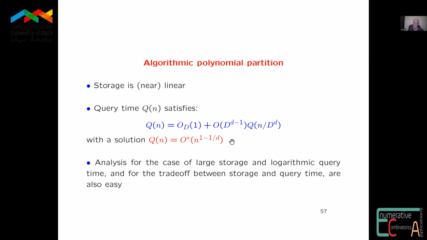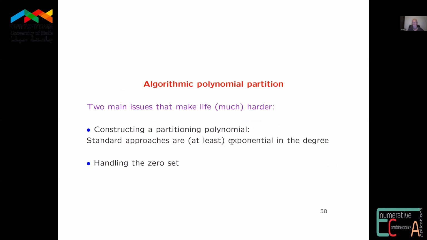You need the other case where you have a lot of storage and you want fast query time. Let me skip over it. It's fairly similar. We just need to work in some dual space. But as I said, the main issue is how to construct a partitioning polynomial, because now we are in the algorithmic domain. For the combinatorial part, we couldn't care less, but here we really need to do it.